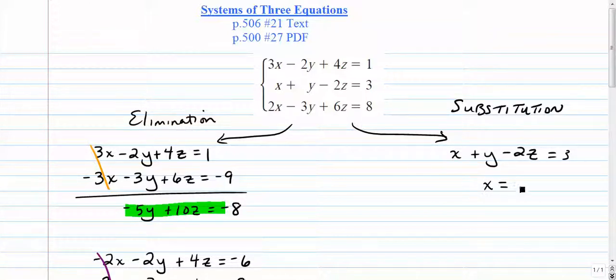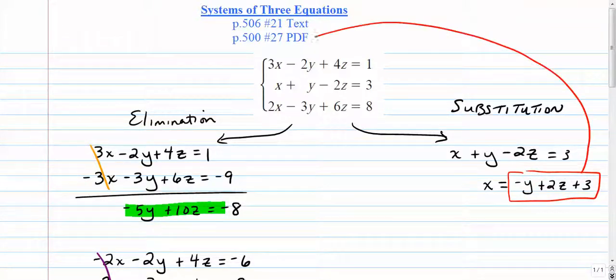Solve the middle one for x, let's say. So we bring everything over. So x is equal to negative y plus 2z plus 3. And then that whole thing can be substituted in equation number 1 and in equation number 3.